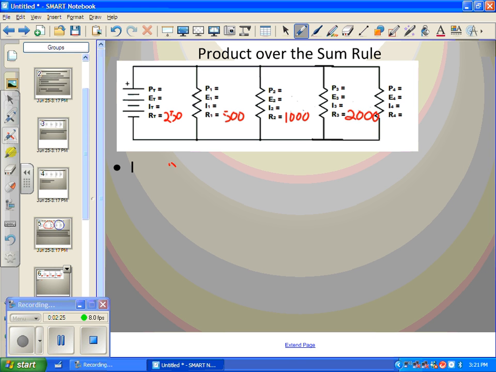So 250 times 500 divided by 250 plus 500. I bet you can see you doing it now, right? 250, we could use powers of 10 to simplify that and make it 25 times 5 times 10 to the 3rd, but let's not do that.